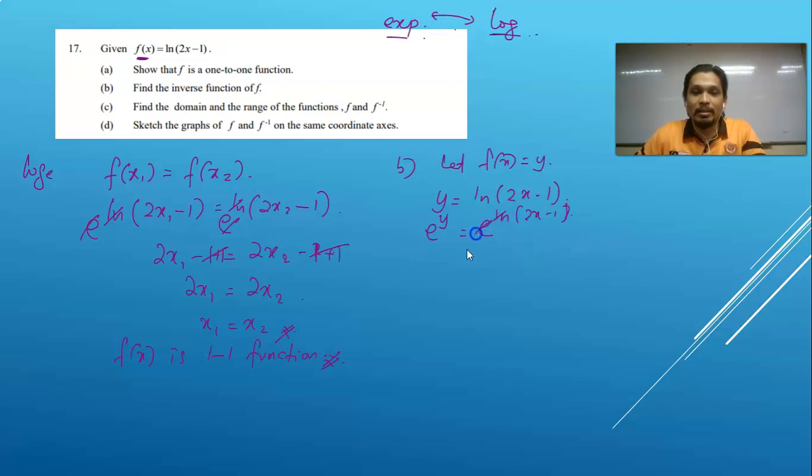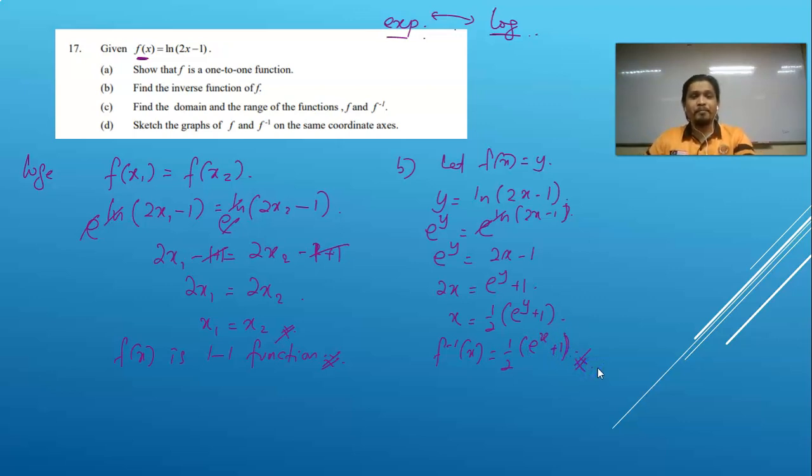So then 2x minus 1 equal to e to the power of y. Then 2x equal to e power of y plus 1, and x equal to 1 over 2 times (e power of y plus 1). So f inverse of x equal to 1 over 2 times (e to the power of x plus 1).